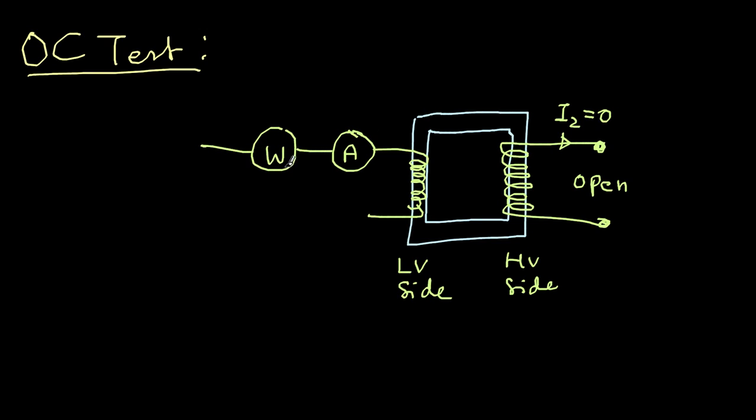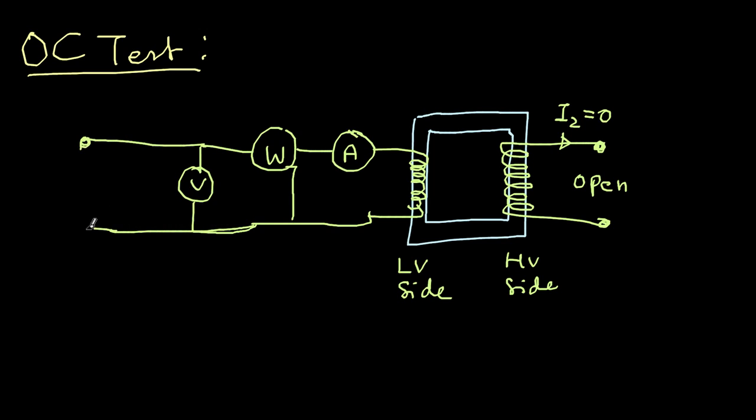The wattmeter will have two connections: one is the current coil, the other is the pressure coil, and then finally I'll have a voltmeter. And here I'll give a supply. Here I'll have to apply rated voltage.